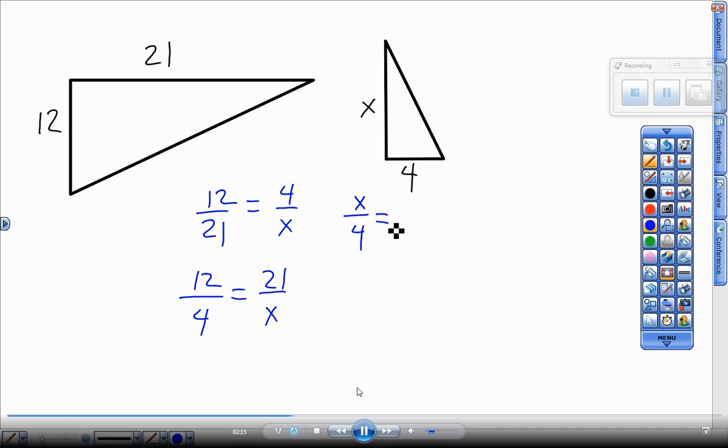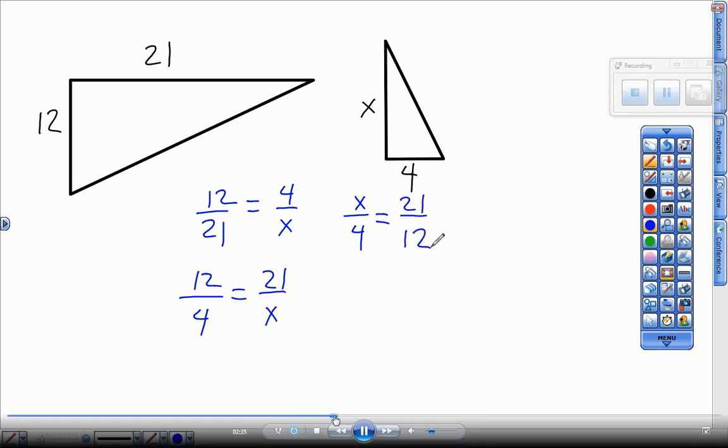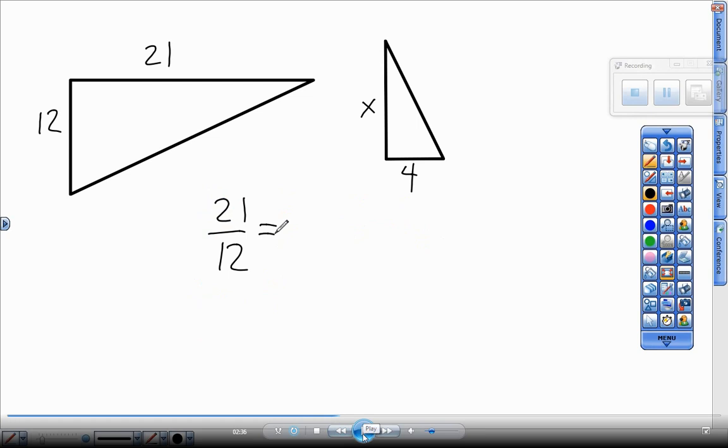21 over 12. I think the one I'm going to use, I'm going to go to 21 over 12. So I'm going to set up the up and down side of the big triangle over the bottom of the big triangle, 21 over 12, and I'm going to keep that consistent, equal to the same pattern, this long side over its bottom.